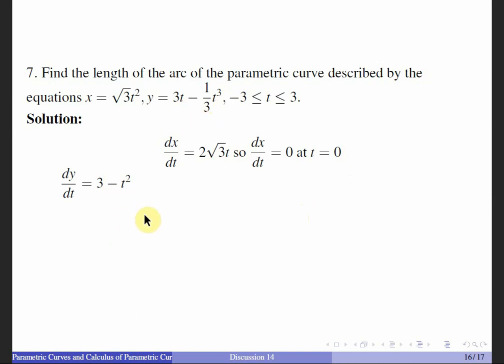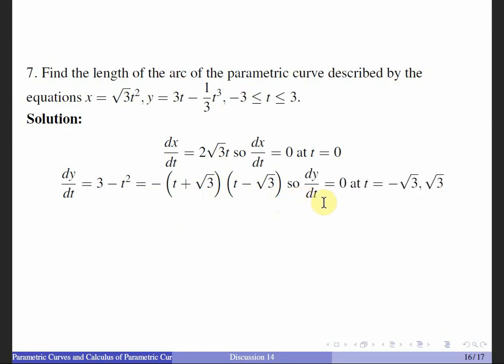And then we can rewrite this as negative (t squared minus 3) quantity, which is a little bit similar to difference of two squares, except that 3 is not a square. So we will just rewrite it as a square root number. So we have negative (t plus square root of 3), and then we have (t minus square root of 3). And so dy over dt is equal to 0 when t is equal to negative square root of 3 and positive square root of 3. So these two numbers are both in this interval.